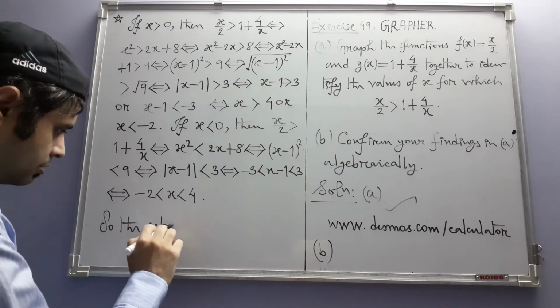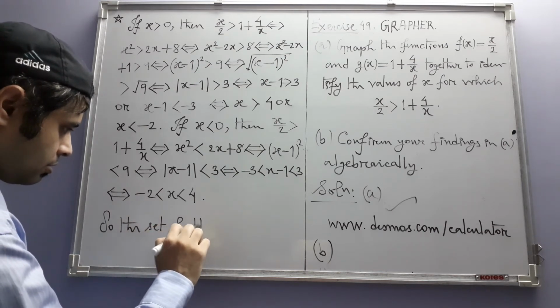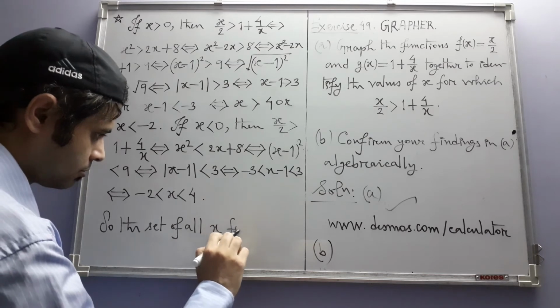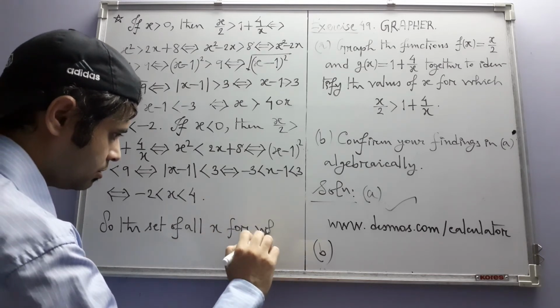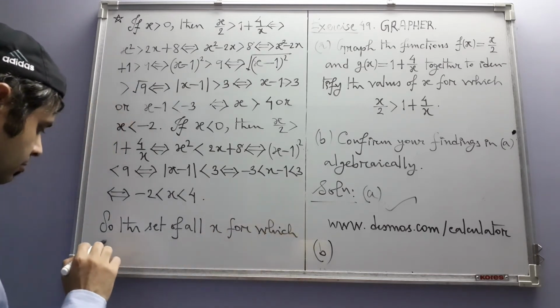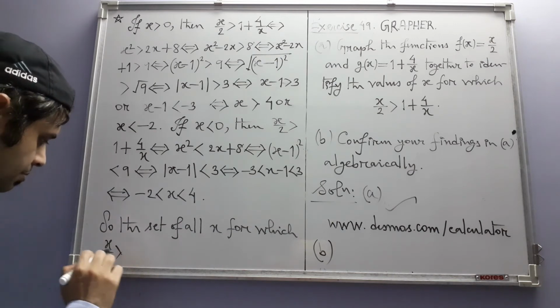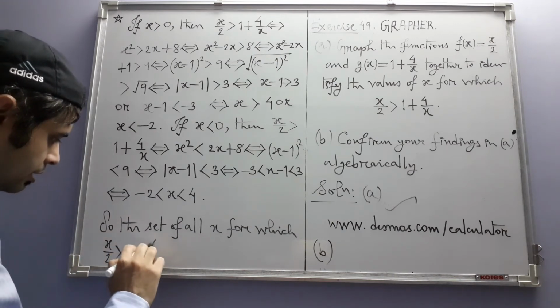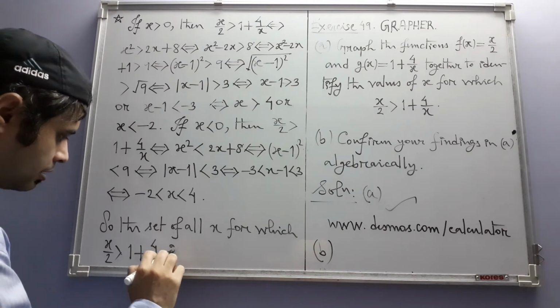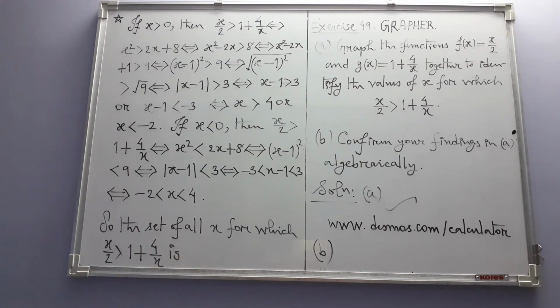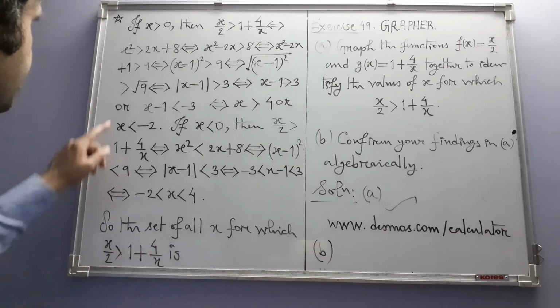Okay, so the set of all x for which x by 2 is greater than 1 plus 4 by x is. Okay, now we are going to write the set.